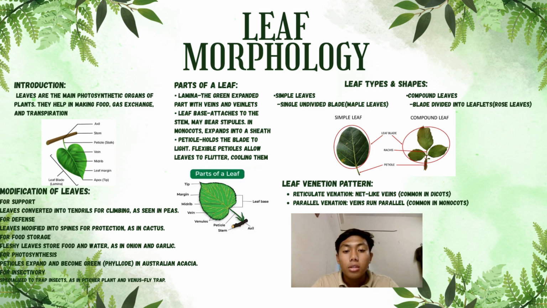Simple leaf is a single undivided blade, like maple leaf, and compound leaf is a blade divided into leaflets, such as rose leaf.